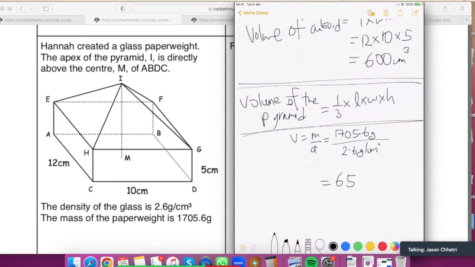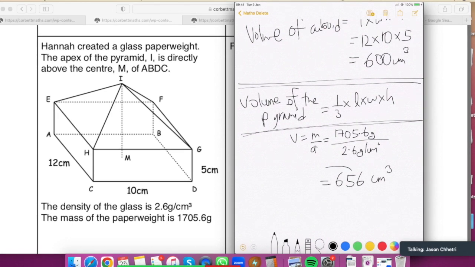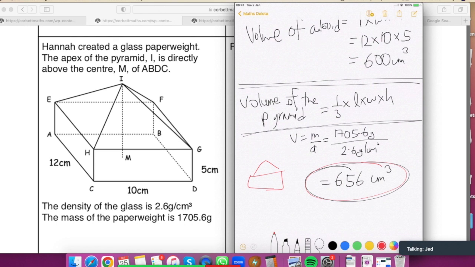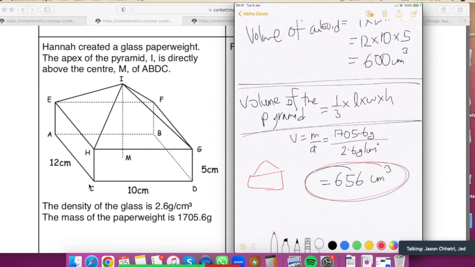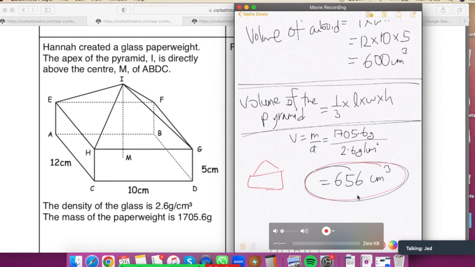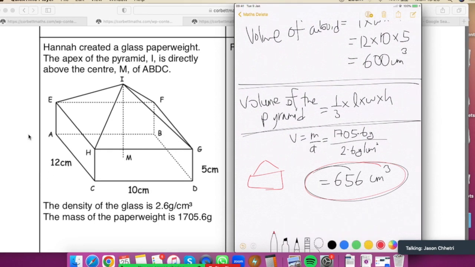That gives us 656 centimeters cubed as the volume. So this is the volume for the entire shape, isn't it?